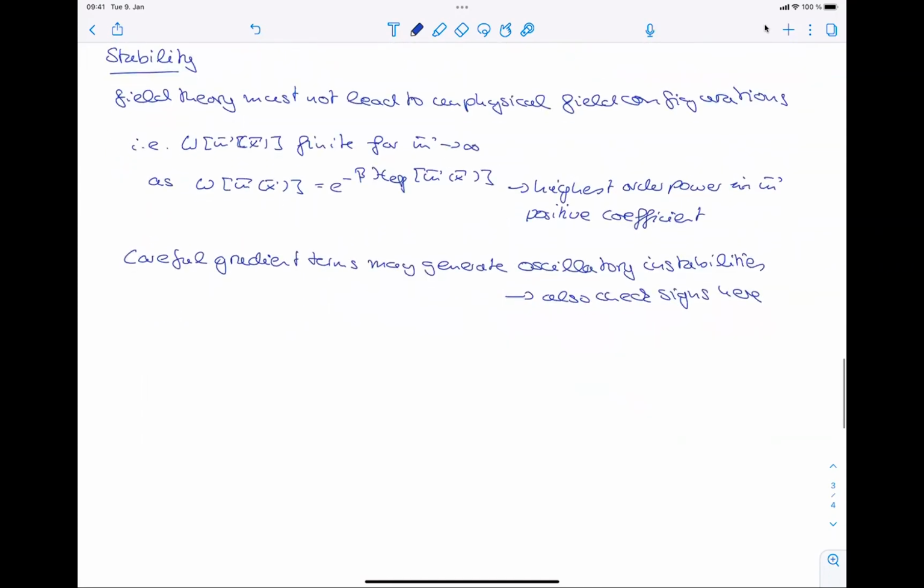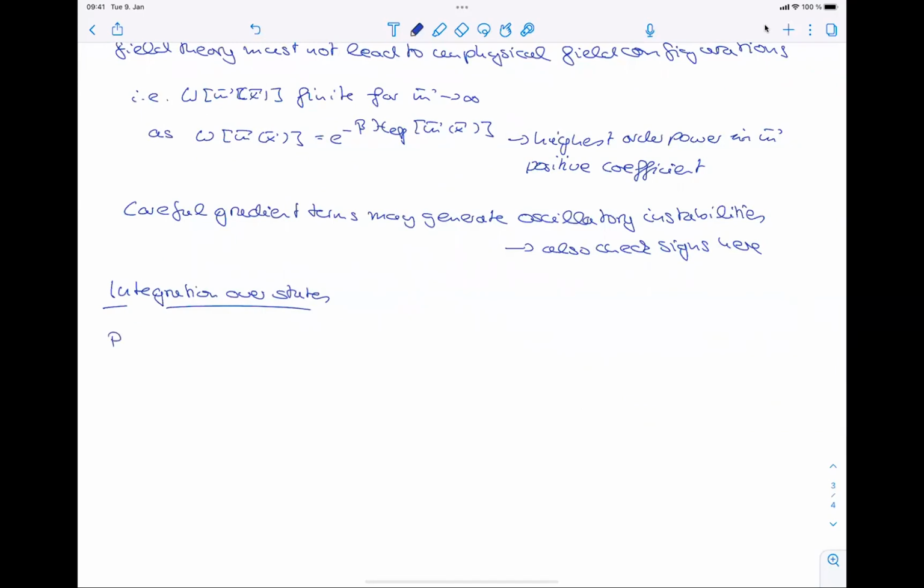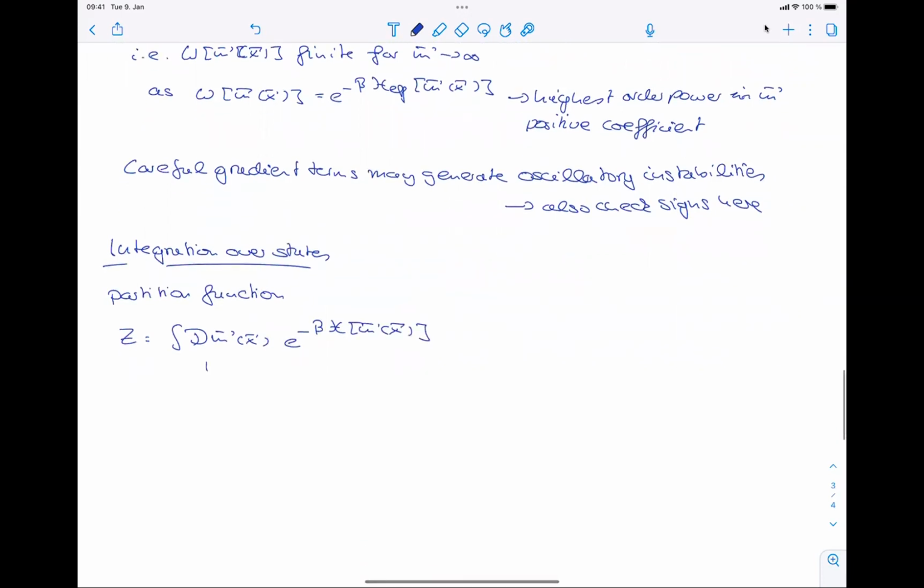And just to finish the general setup, just a few words on the integration over states that we generally do here. So now that we have our effective Hamiltonian stated, the partition function now reads as a functional integral over field configurations, e to the minus beta of this effective Hamiltonian.